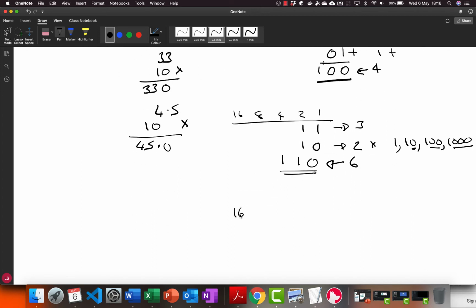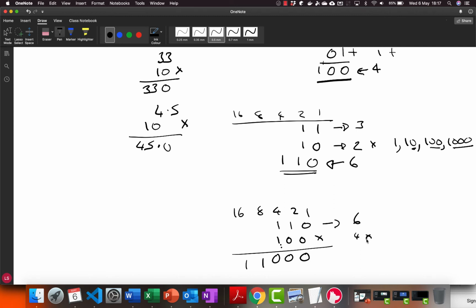I'll give you another example. If we have 16, 8, 4, 2, 1, and 1 1 0, and now I'm going to multiply that by 1 0 0. There are 2 zeros, so I'm going to end up with 1 1 0 0 0. 4 plus 2 is 6. 1 0 0 is 4.